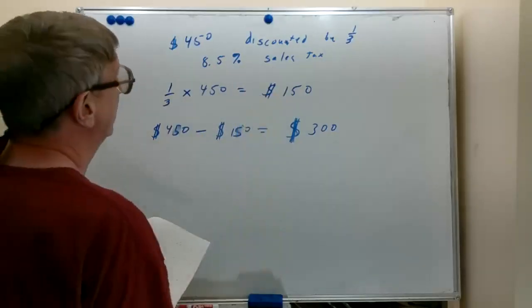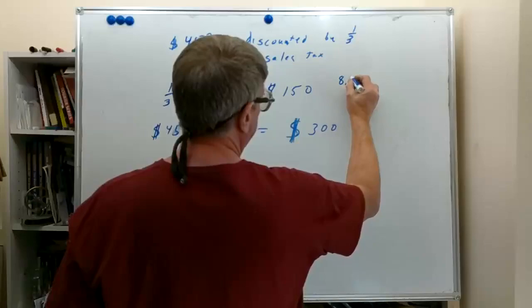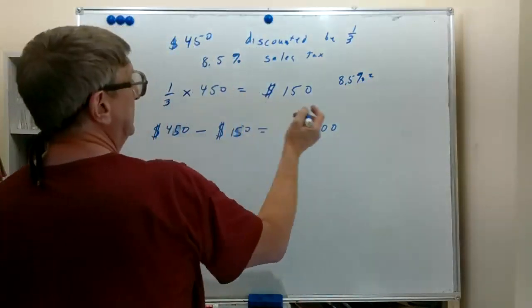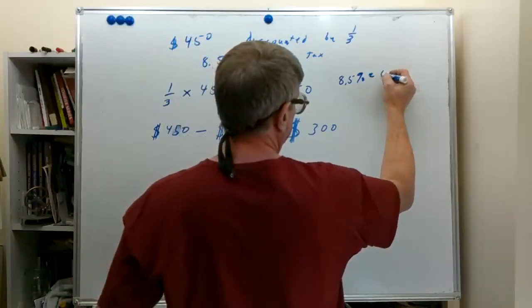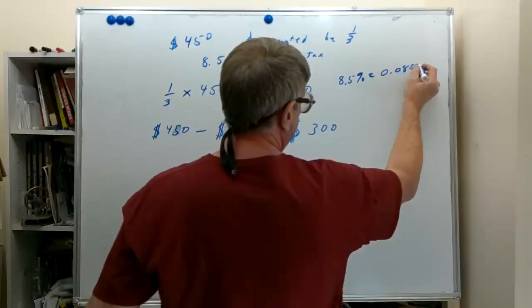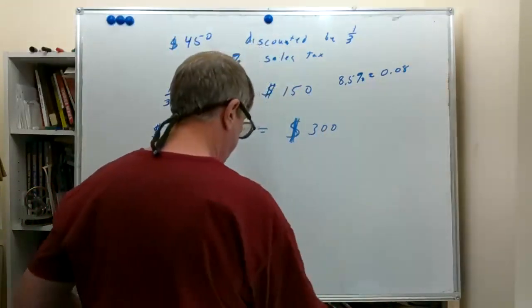The tax is 8.5%, and 8.5% is equal to a decimal of 0.085. We move the decimal place 2 places to the left.